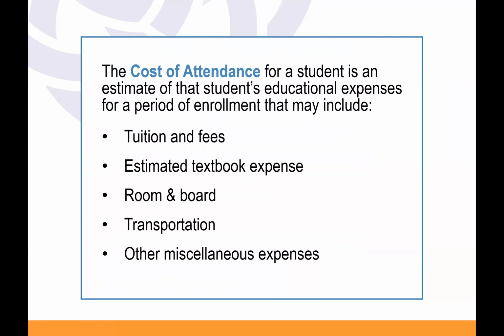Say that a student doesn't want to work and wants to focus 100% on going to school. Cost of attendance is basically an average amount of what the Department of Education says it will cost to just go to school 100%. So this gives you an average amount of how much you would need to survive, to be able to pay for your tuition, your books, rent, and anything else miscellaneous.